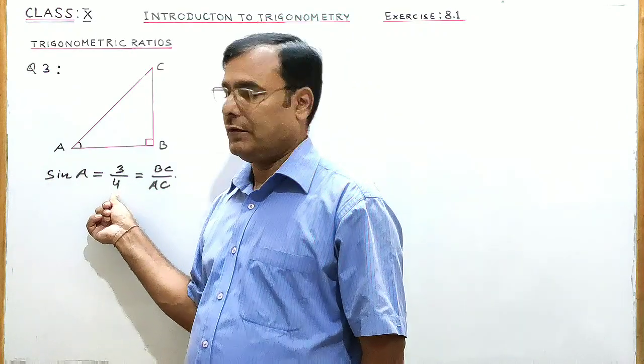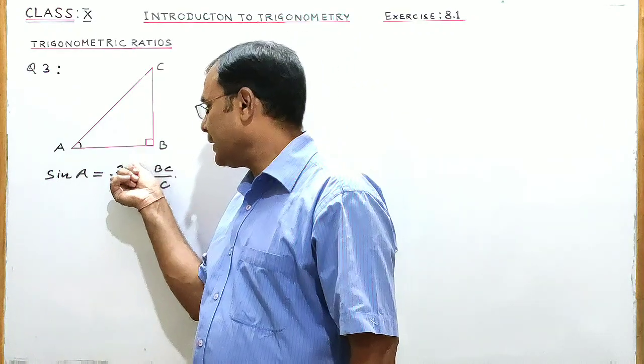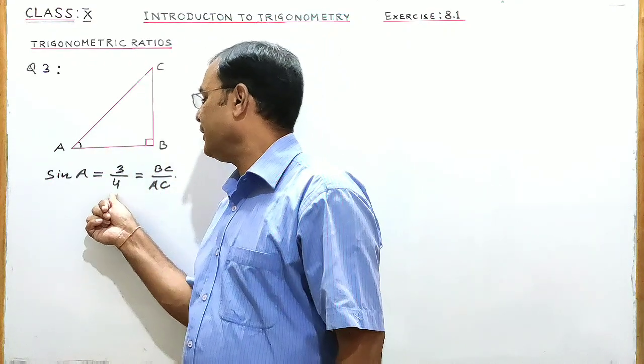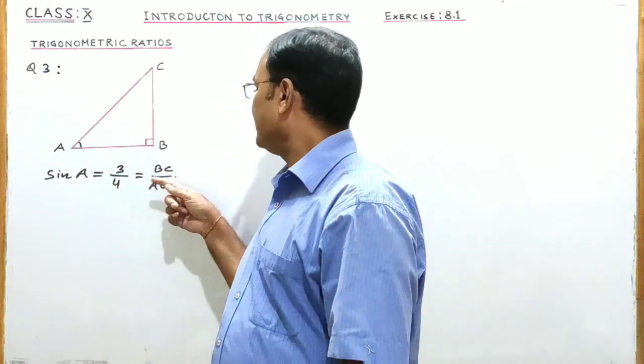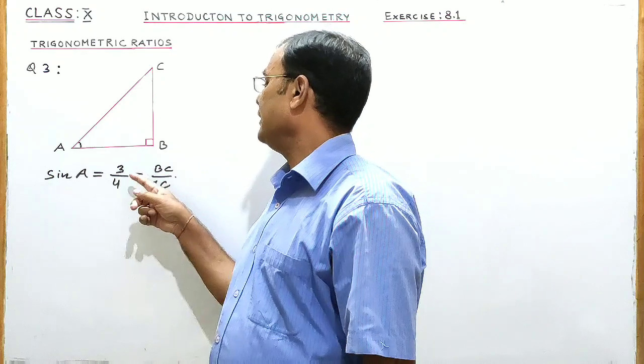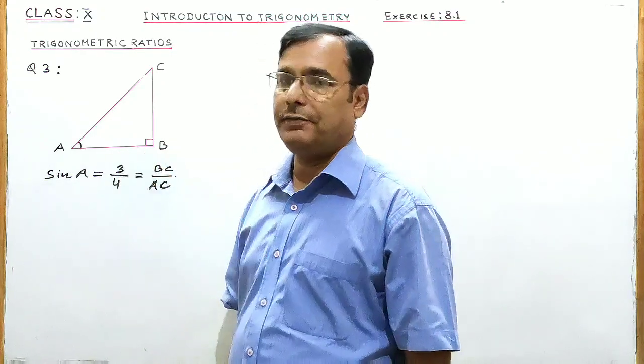So from here we can understand that BC is going to be multiple of 3 and AC multiple of 4. But BC cannot be taken as 3 units and AC cannot be taken as 4 units, because this ratio BC by AC is equal to 3 by 4.